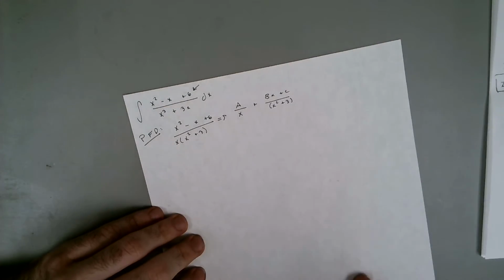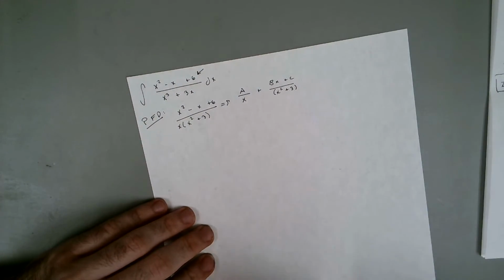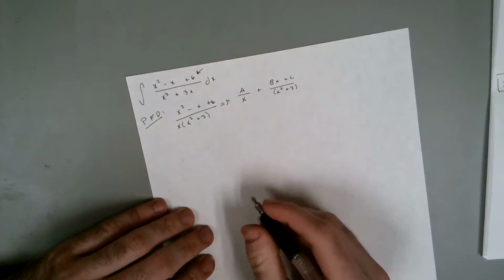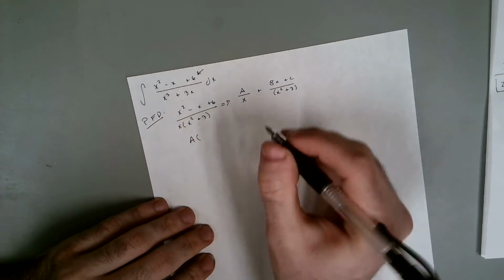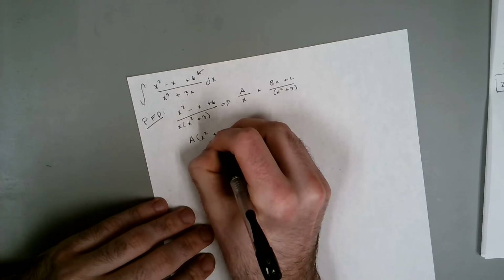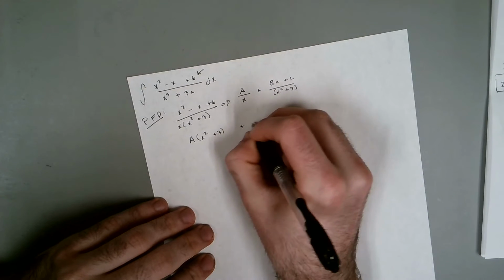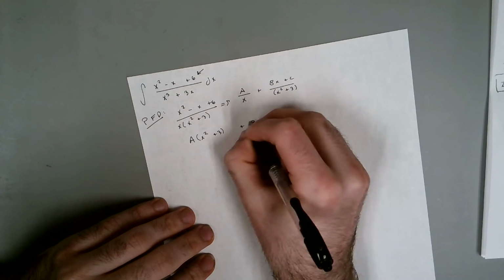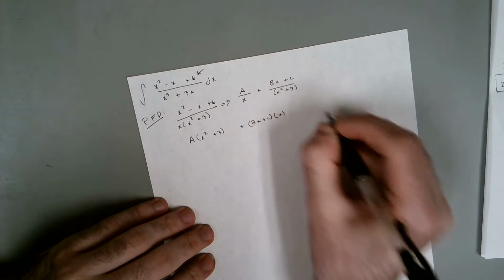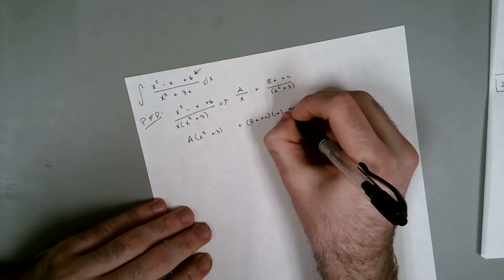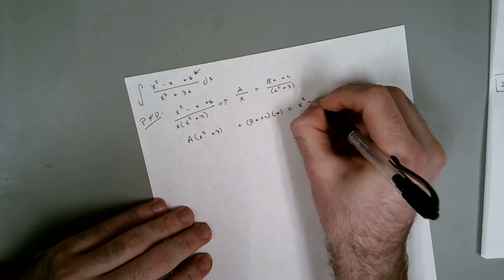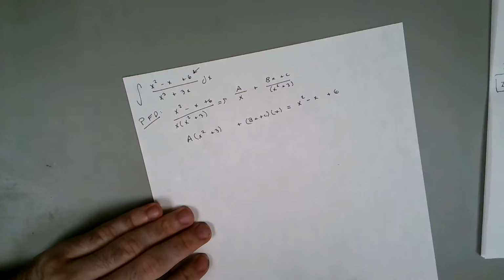Multiply by the lowest common denominator, which from the previous problems we know was just going to be this, right? So we're going to have A times (x squared plus 3) plus (Bx plus C) times x is equal to x squared minus x plus 6.